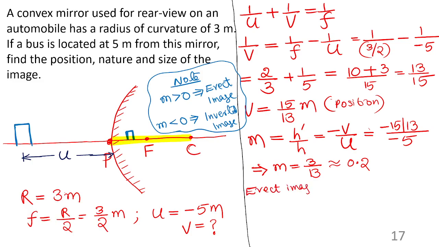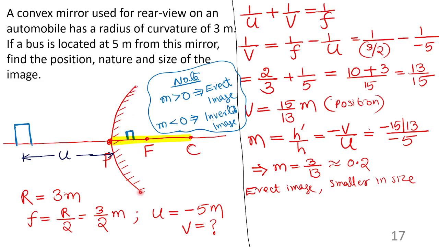Erect image, smaller in size. Why smaller in size? Magnification is 0.2, that is the reason. The image is 0.2 times the object. Magnification less than 1 means that the image size is reduced. So erect image, smaller in size. Since v is a positive number, the image is on the right side, the coating side.